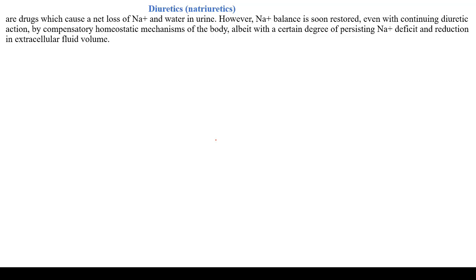When he uses diuretics daily, after a certain time his body will show a defensive mechanism: there will be loss of water but no loss of sodium. Sodium is retained again and the sodium levels will be normal again. So if you think that taking more diuretics causes loss of sodium, yes, there will be loss of sodium, but not a drastic loss.